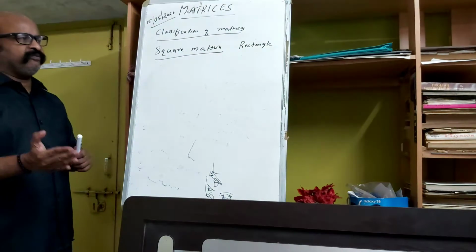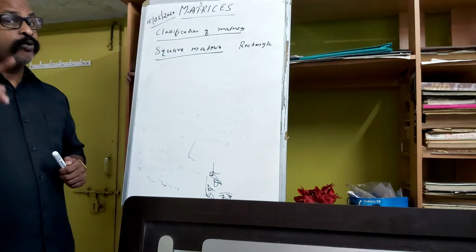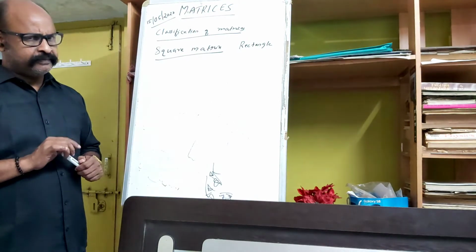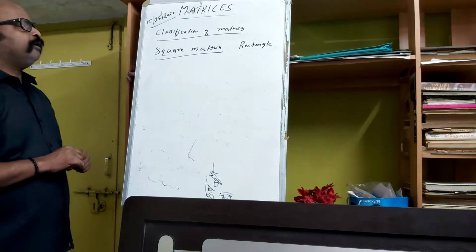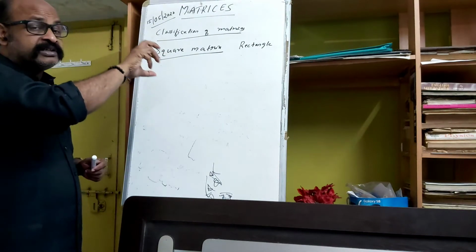So in short, the dimension of a rectangle is equivalent to the order of a matrix. Clear? Okay.